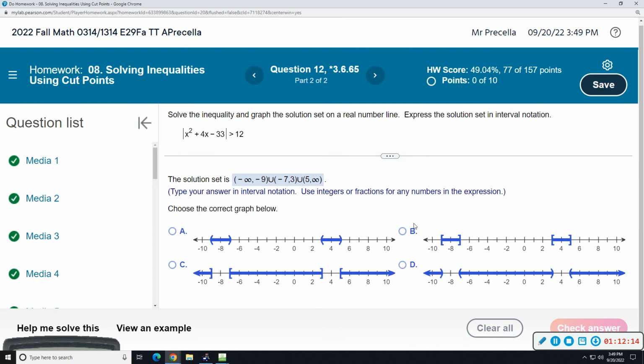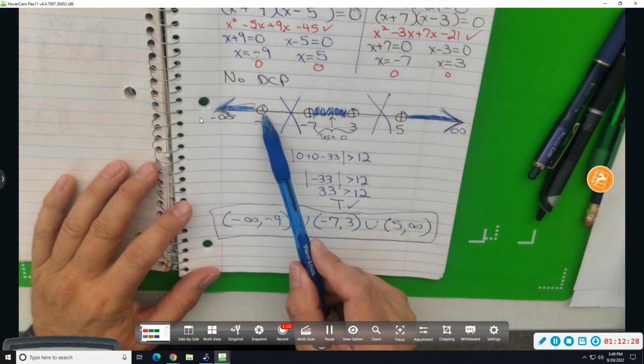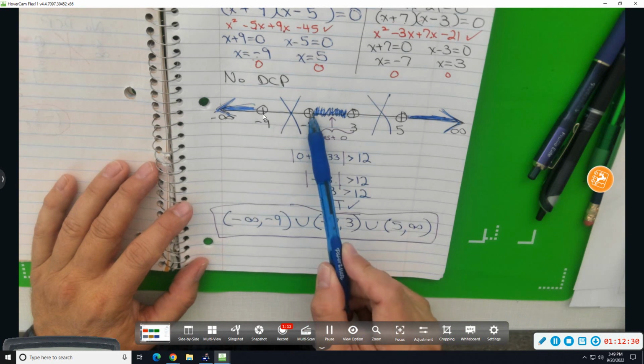Oh, look at this. I didn't remember this. Yeah, now they want you to choose the number line. Oh, wait a minute. Let's switch back to mine, what I have here. Notice they're not putting the open circles, they're putting parentheses in place of that.